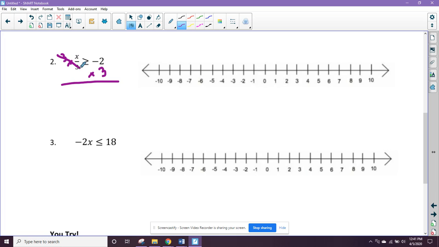Cancels out here, so we're just left with x is greater than or equal to -2 times 3, which is -6. So we go over to -6, and it's going to be a closed circle. We color it in, and it's pointing to the right.